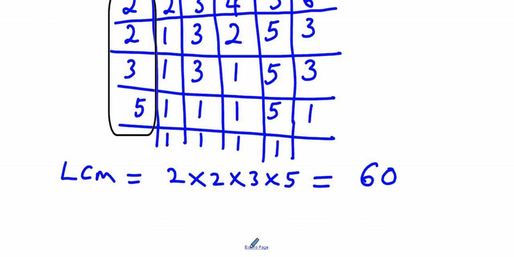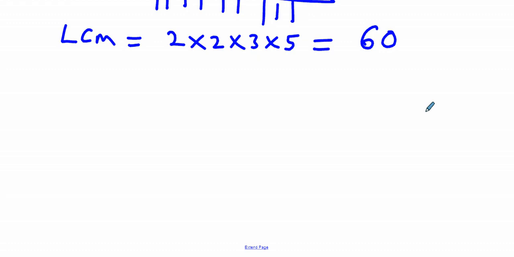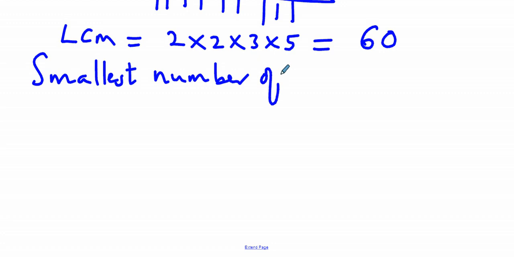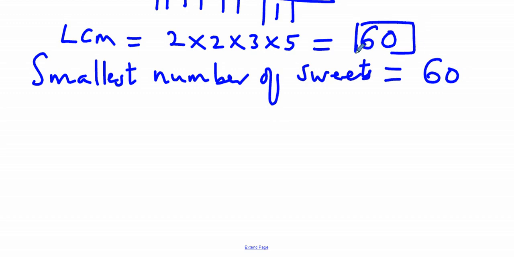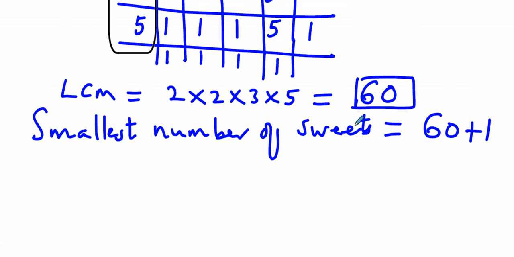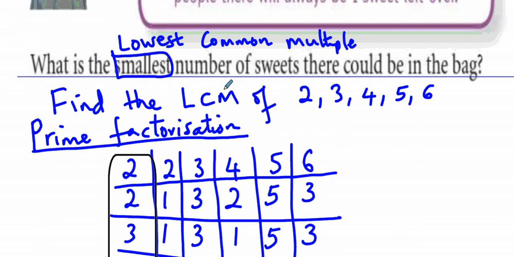Since there is 1 sweet left over whenever the sweets are distributed among those people, the smallest number of sweets in Mia's bag will be equal to 60, the answer we got here, plus 1 extra sweet that always remains in the bag. Here we go.